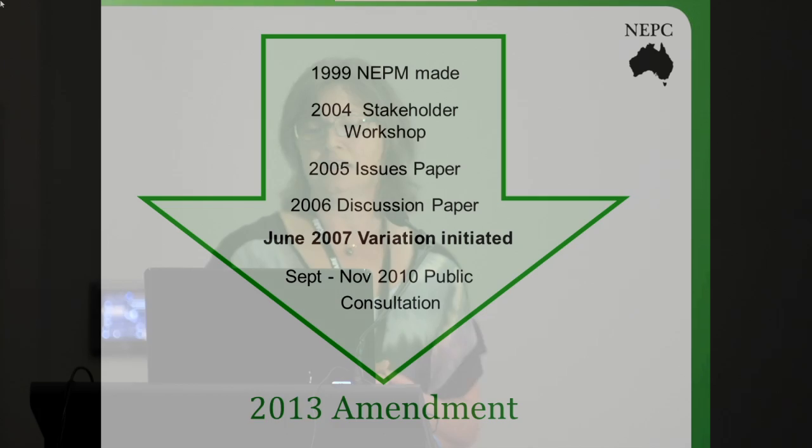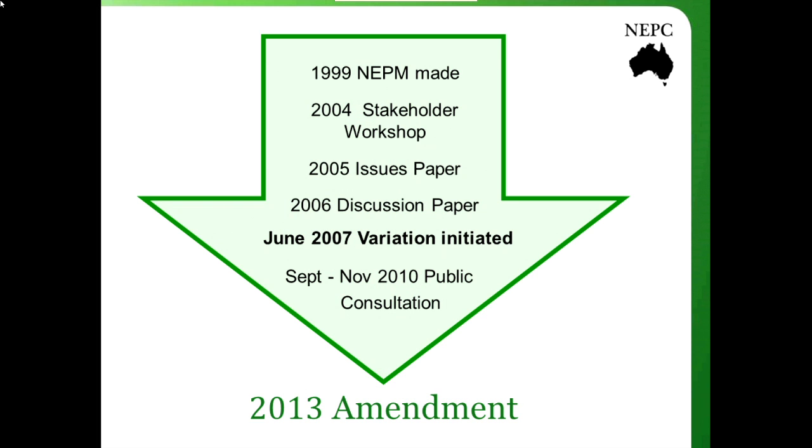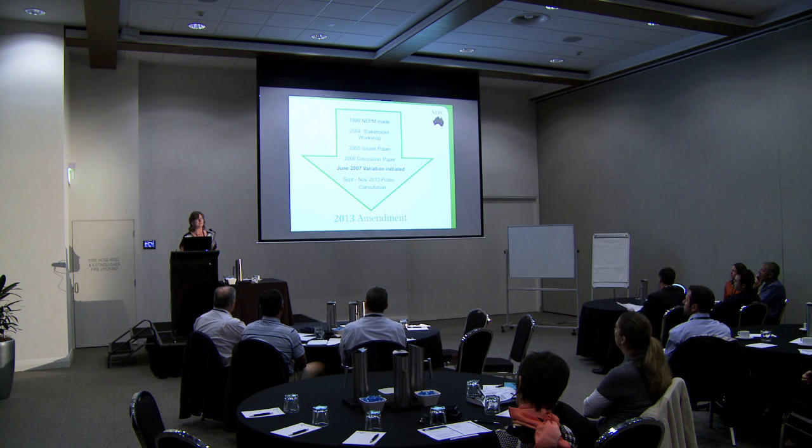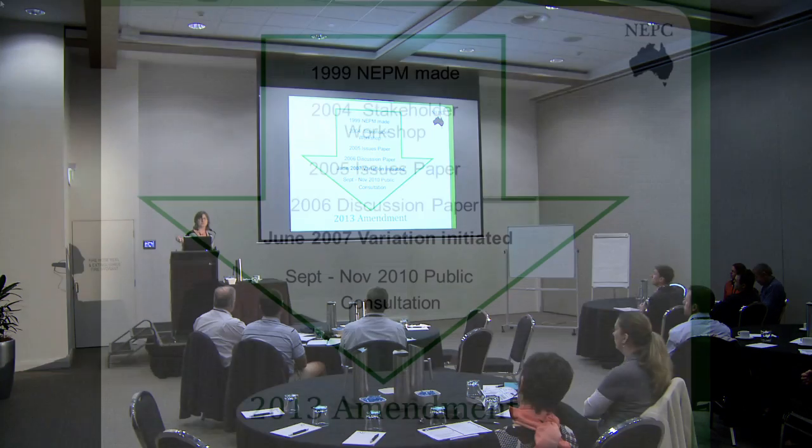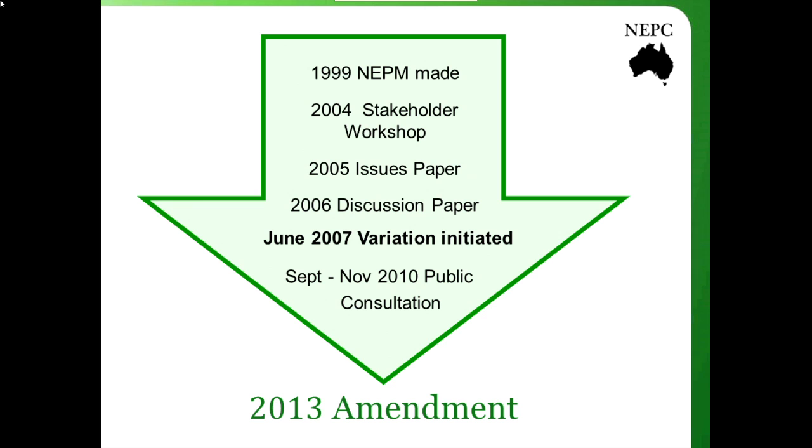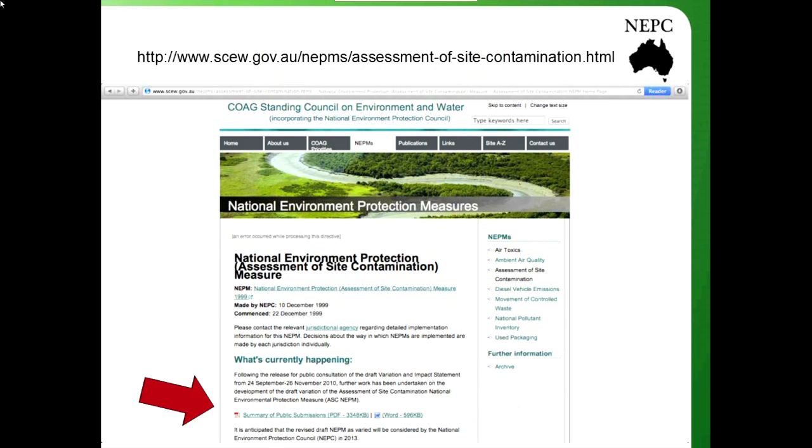There was an issues paper which first looked at what was wrong, what could be improved, ideas put out and how they could be addressed in the discussion document, and then a review report itself, and the initiation of the variation was in 2007. Public consultation on the proposed changes happened in September to November 2010, and you may have attended one of the public consultation workshops. We had a roadshow there. That material is now on the web.